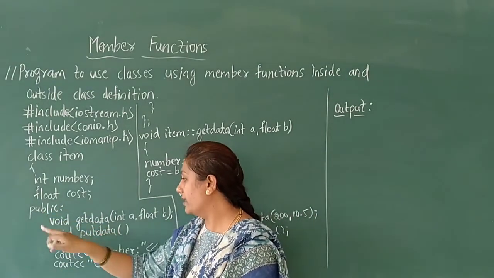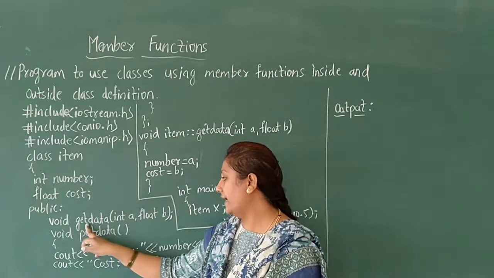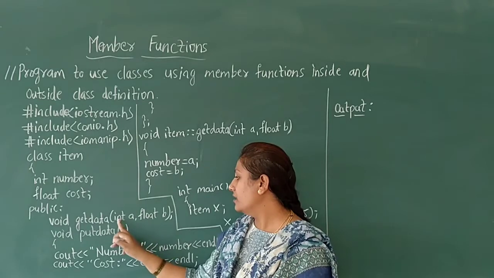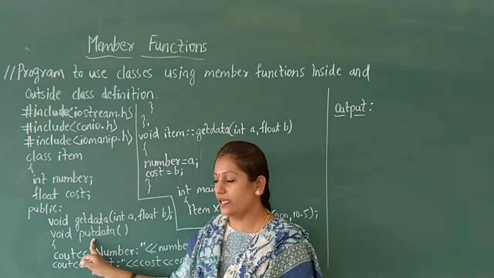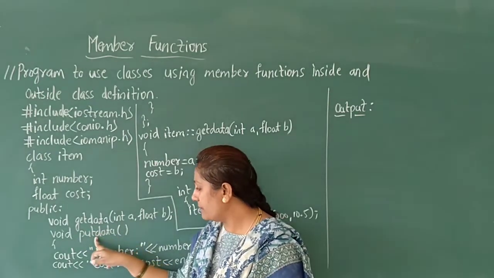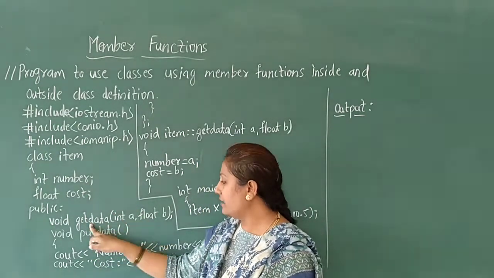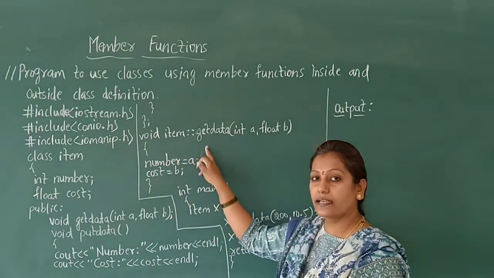Next, in public, two member functions are taken: getdata with two arguments a and b of data type int and float, and putdata. See here, the putdata member function is defined inside the class, but the getdata member function is defined outside the class.